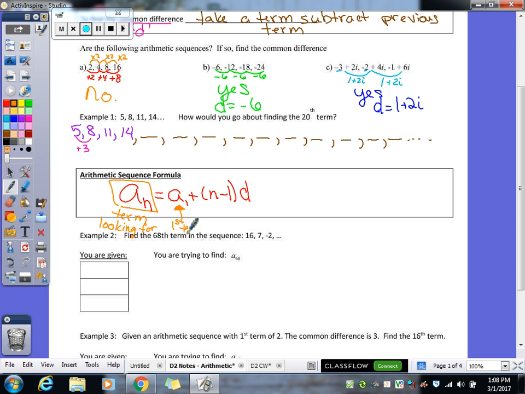First term. Our n is what? Term number, or sometimes it's referred to as your position, which means where are you in the sequence, which is the same as your term number. And then the d, as we just learned up above, is our what? That's our common difference.